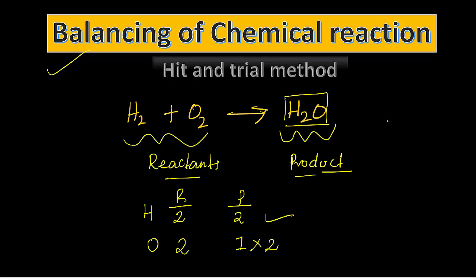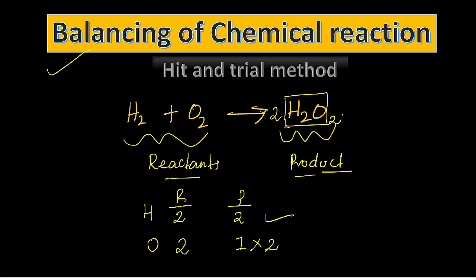Remember one thing, before we put the value, please make sure that you cannot change the formula of the compound. You cannot place 2 in this position. Okay, you have the right to put 2 before the formula only.